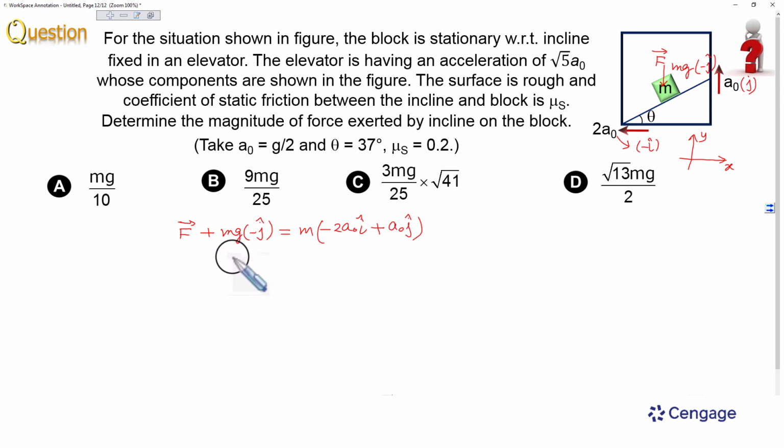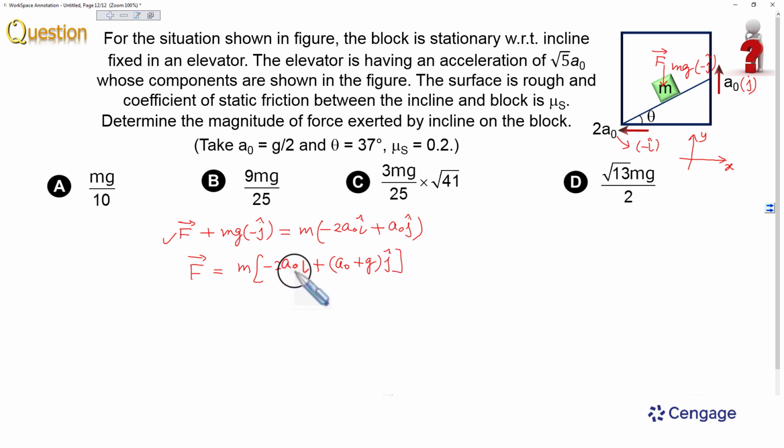We can rearrange this equation because we are interested in calculating F vector. F vector equals m, taken common, times the bracket: minus 2a naught i cap, plus a naught plus g, j cap.